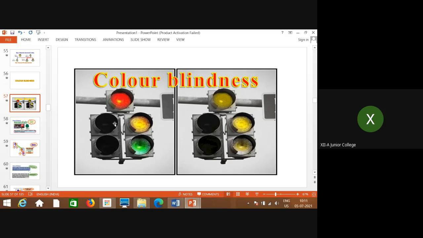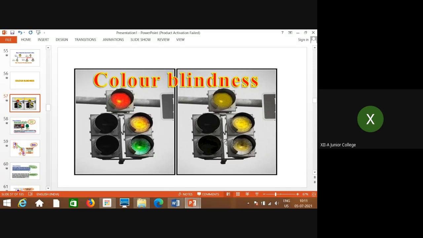So color blindness: in the signal, you know there are three colors, red, yellow, and green. The normal person can distinguish these three colors, but a color blind person cannot differentiate them, and all look a little bit similar.